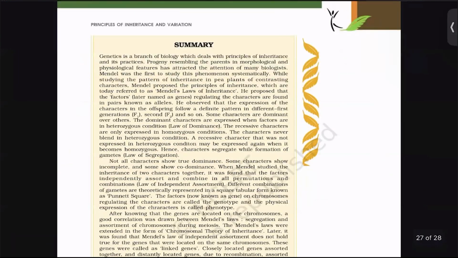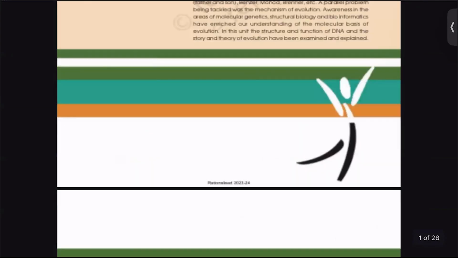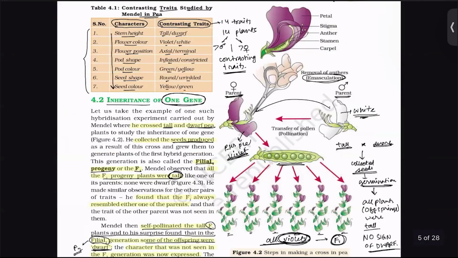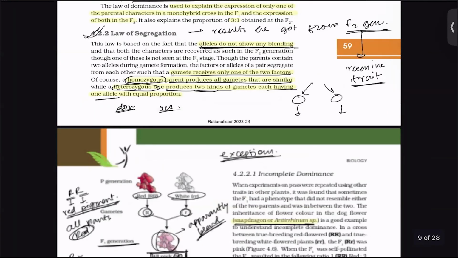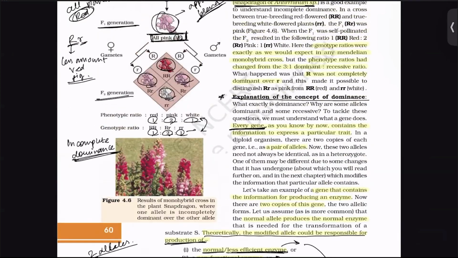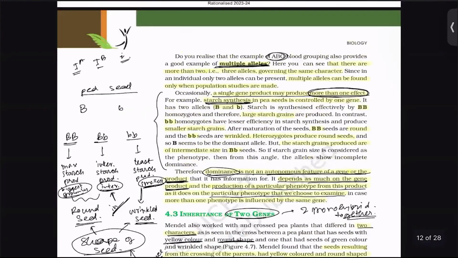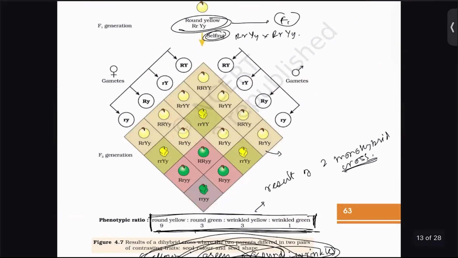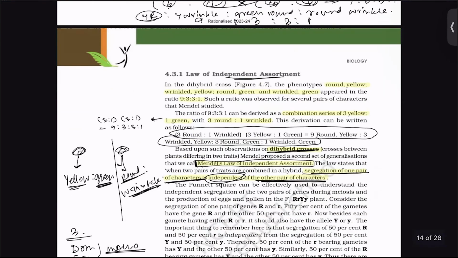So we finished the entire chapter. We started with Mendelian genetics, and Mendel proposed laws based on his experiments on pea plants, and we saw some exceptions of Mendelian genetics also, in the form of incomplete dominance and codominance, and also the concept of inheritance of two genes, how a dihybrid cross happens, all the Punnett squares, and how the law of independent assortment was given.